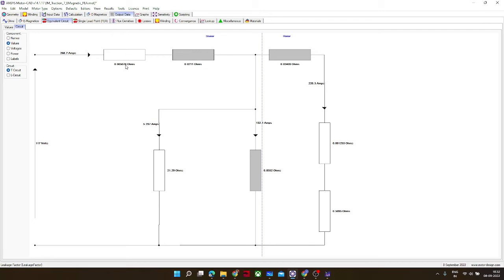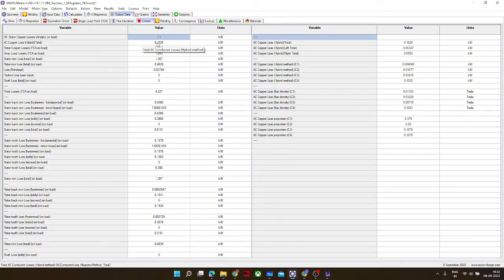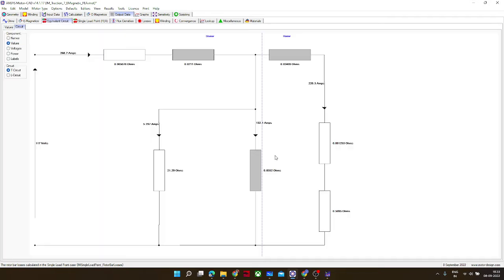So this loss across this resistance is 1.1 kilowatt. Okay. And the rotor copper loss would also be placed somewhere. So yeah, this is rotor copper loss. It is 0.16 kilowatt, across this lower resistance 0.001253.